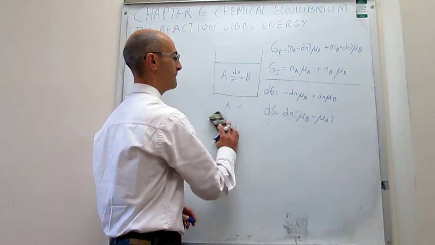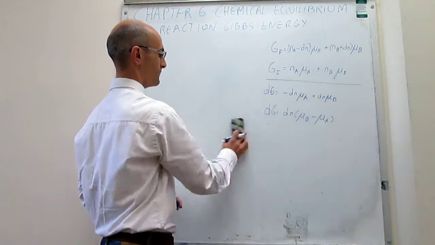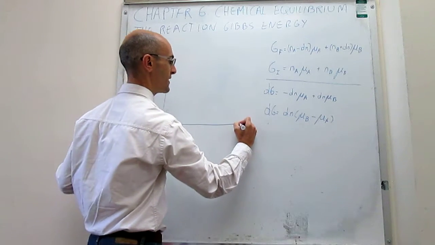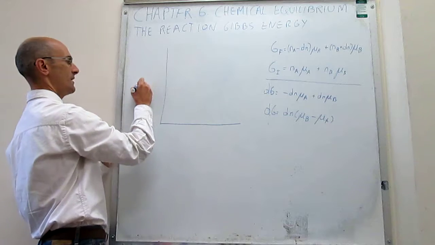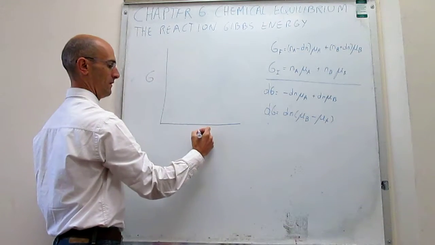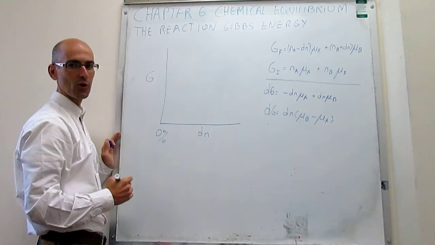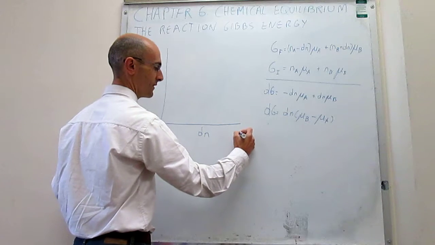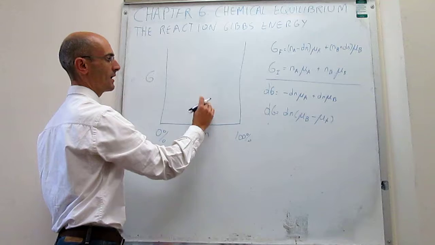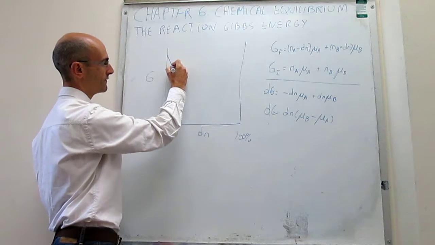A way to visualize that is to draw a graph that shows how this reaction Gibbs energy proceeds as a function of the reaction progress. Suppose that this is 0% complete reaction, and this is 100% complete reaction. What we're trying to see is how this Gibbs energy changes. A typical graph would be something like this.